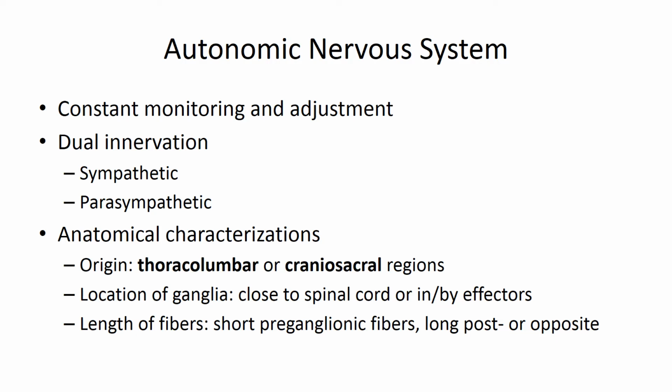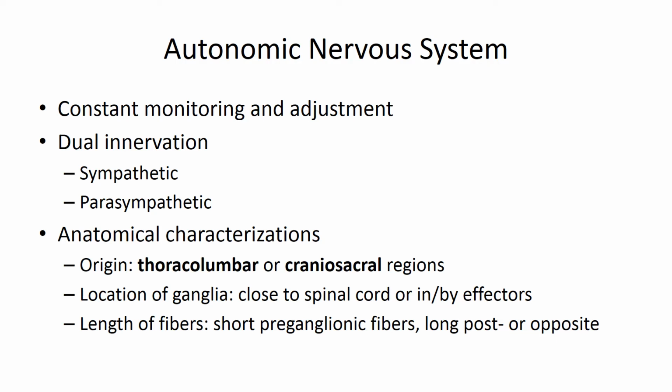So this can either be stimulatory or inhibitory. And acetylcholine, the effect can again vary according to the target tissue and can be stimulatory or inhibitory. In addition, the amount of myelination varies. The preganglionic neurons are lightly myelinated, while the postganglionic neurons are unmyelinated.